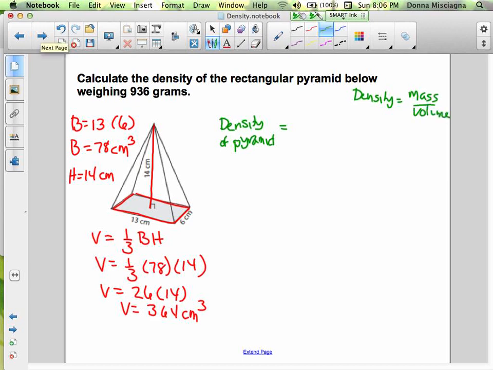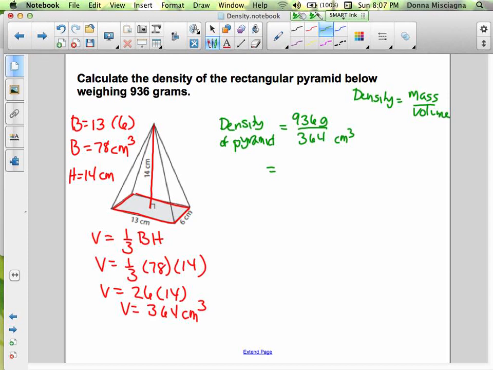All right, so the density of the pyramid is 936 grams divided by 364 centimeters cubed, and that would be 2.5714.